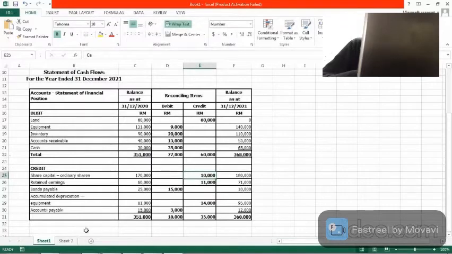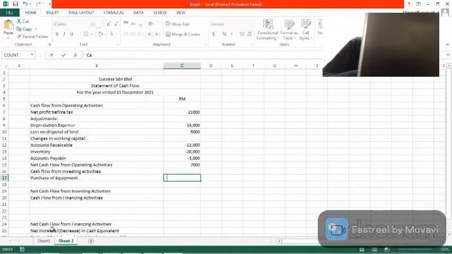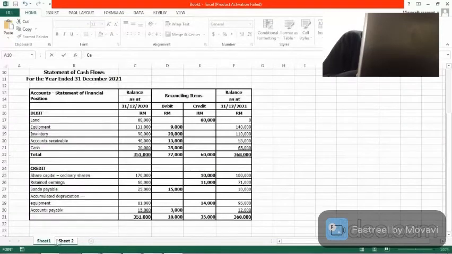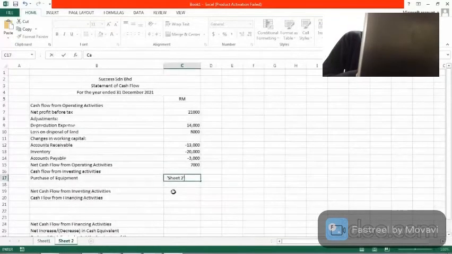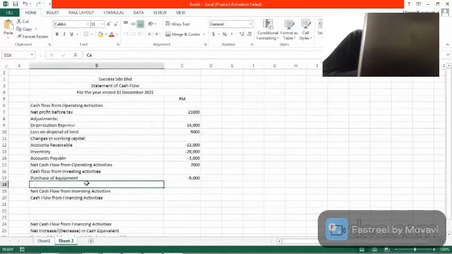So here, purchase of equipment, since it is a purchase, we need to put the minus sign. 9,000.